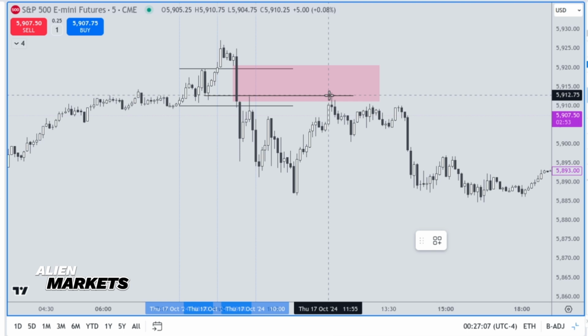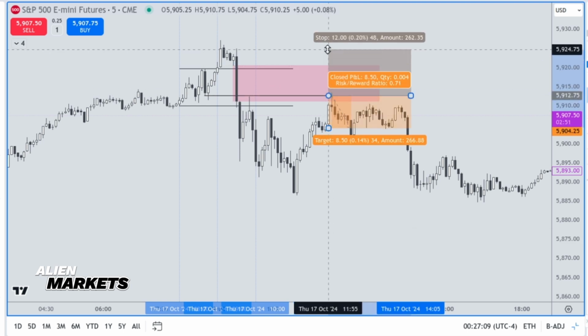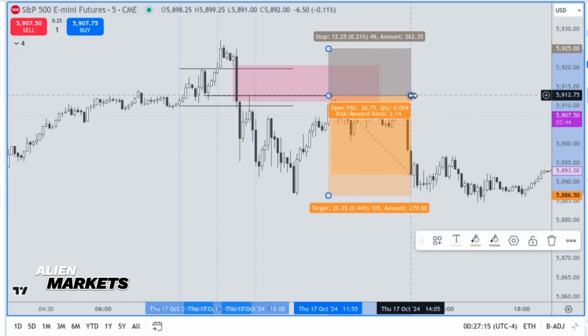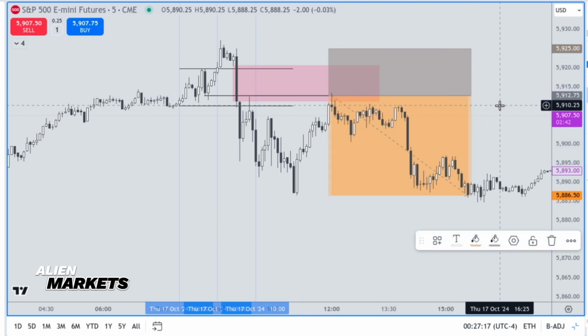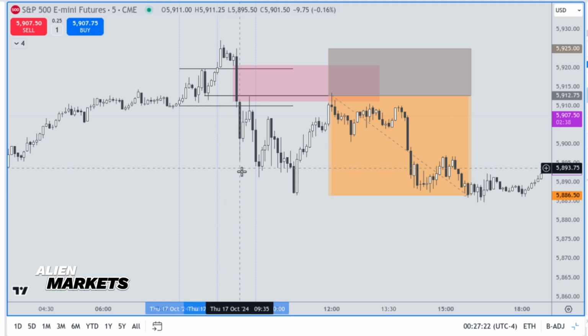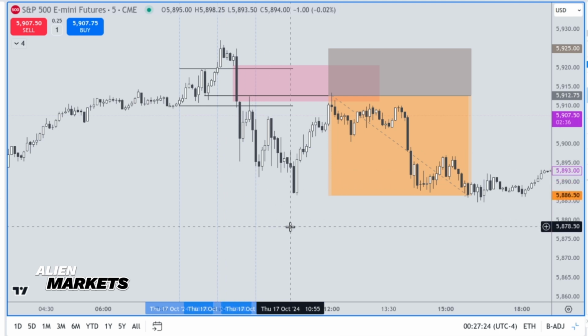This is very important, guys, because this outside bar model works for everything, because outside bars are an injection of volatility into the market.